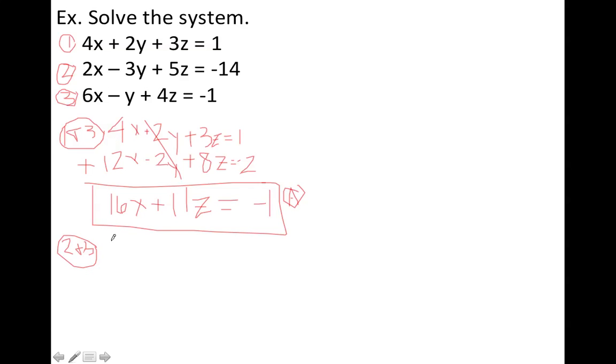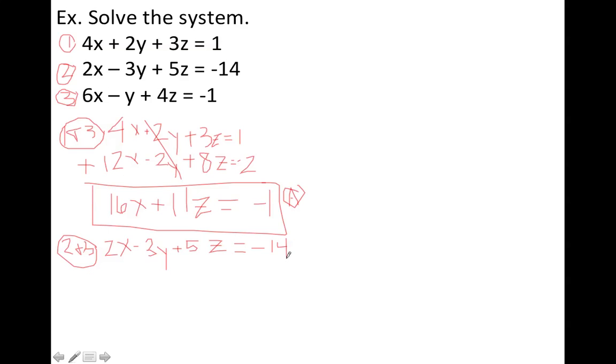So we have 2x minus 3y plus 5z equals negative 14.